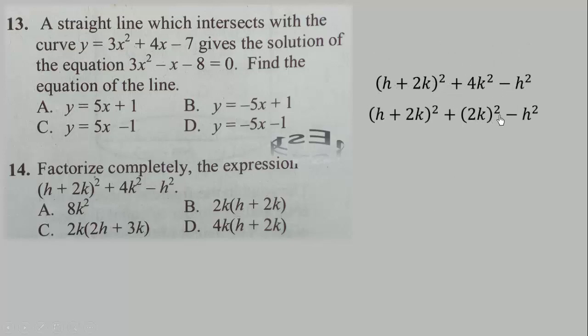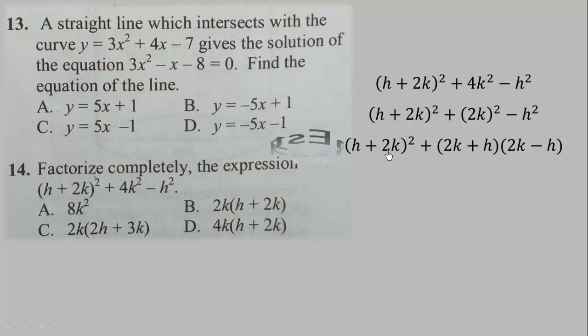So we have (2k) all squared minus h squared. Now let's maintain this side and rewrite this side to obtain (2k plus h)(2k minus h). We factorize this using difference of two squares. For instance, if you have x squared minus y squared, you get (x plus y)(x minus y). So the same thing we did here.